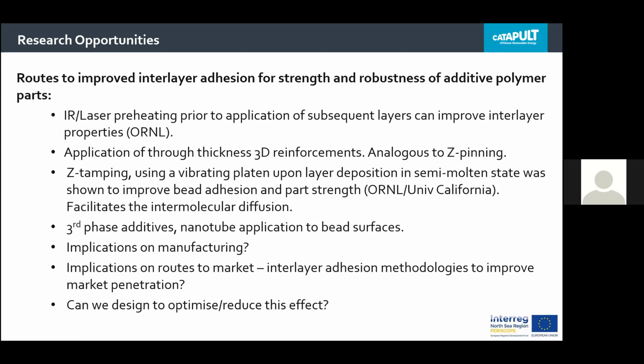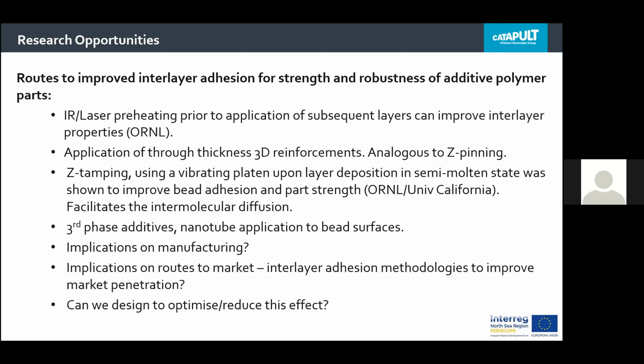I wanted this to be a bit more of an interactive session, really, about the implications of this on the manufacturing approach. Is this, in people's opinion, going to go some way to improve the route to market of AM cores, for example, like Mark was talking about?